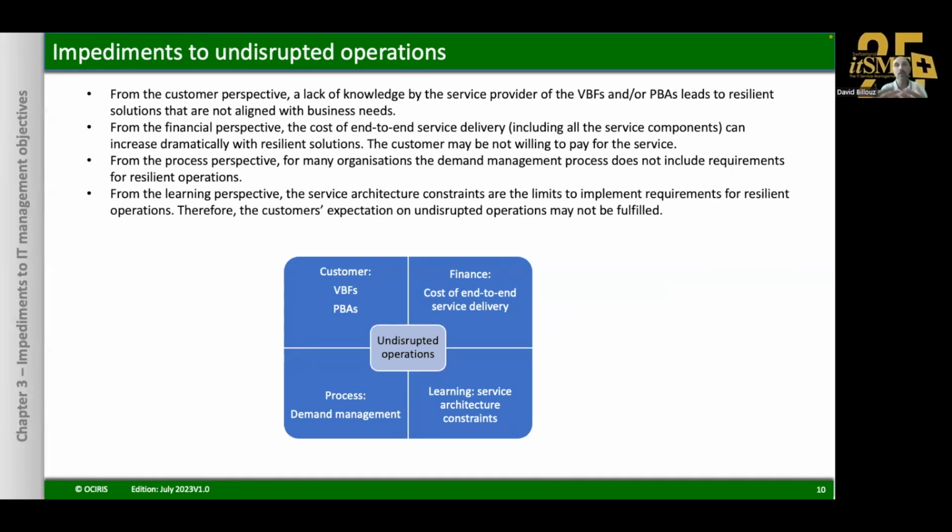What is the overall cost of end-to-end service delivery that can maximize, let's say, the availability of a service? Demand management is a problem on its own, because a lack of demand management can have a dramatic impact on the disruption of operations, and architecture constraints that are not always managed properly can be an impediment to undisrupted operations.